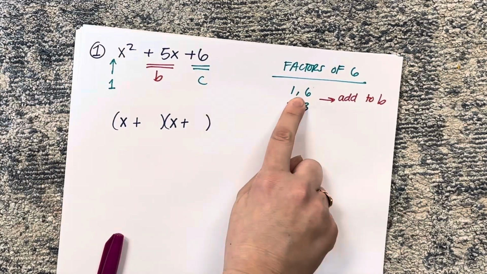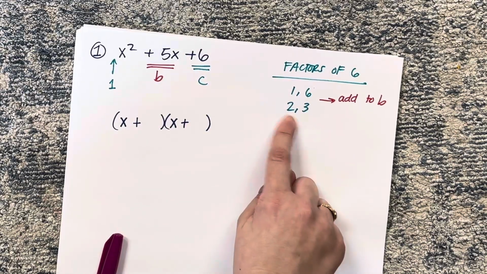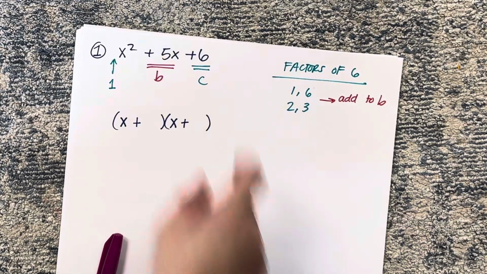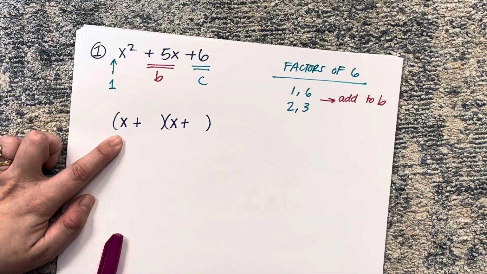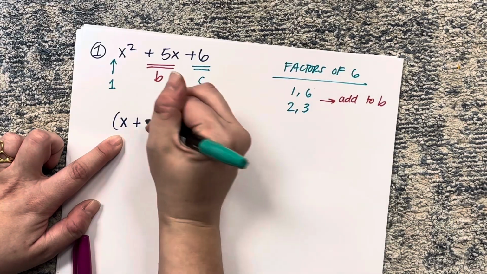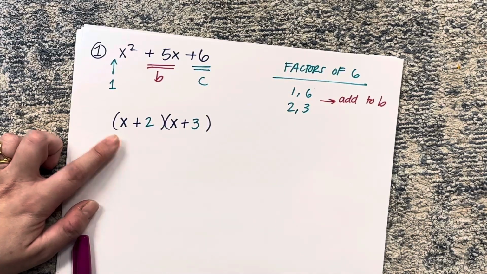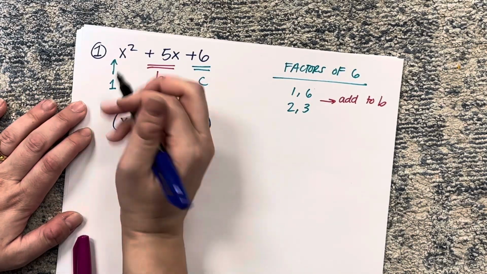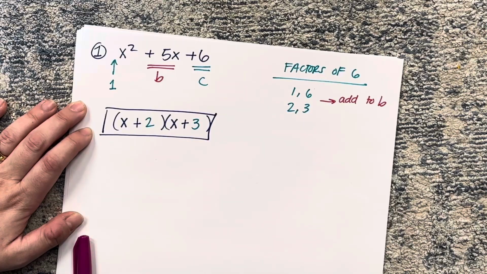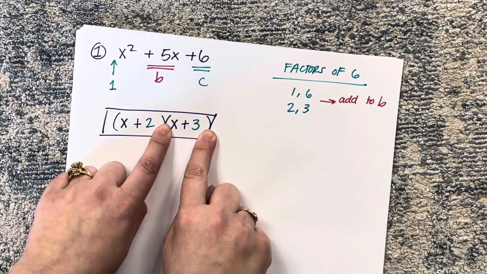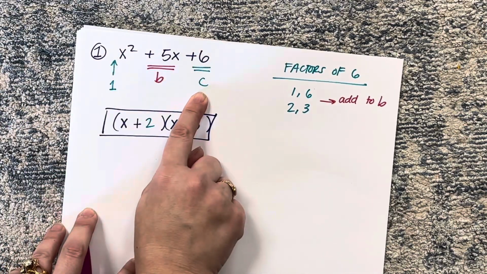Obviously 1 plus 6 is 7, that's not 5. 2 plus 3 is 5. So this will be the quantity x plus 2 times the quantity x plus 3, and this is my answer. I have factored out my original problem.